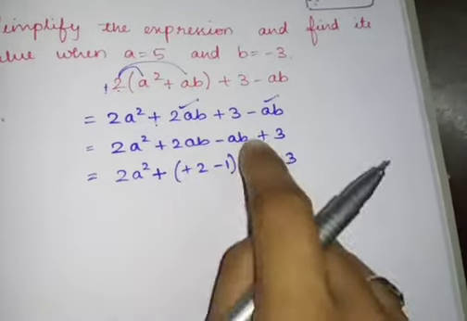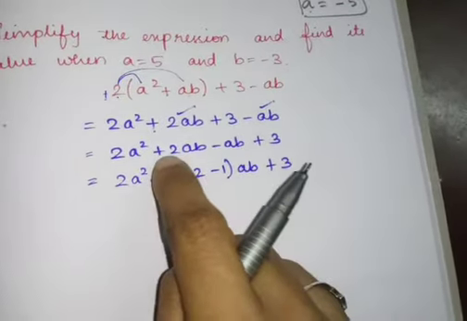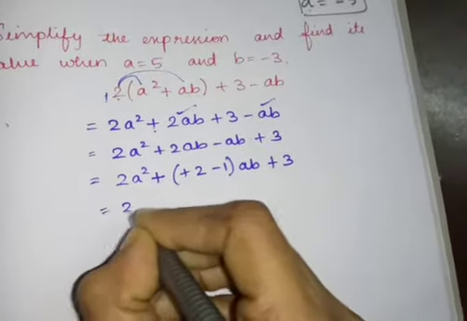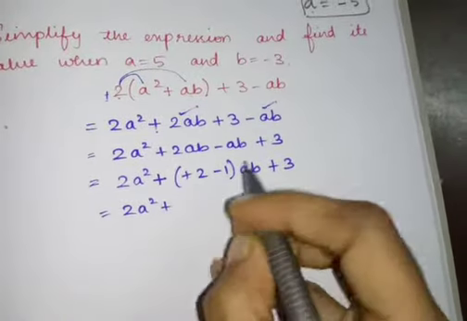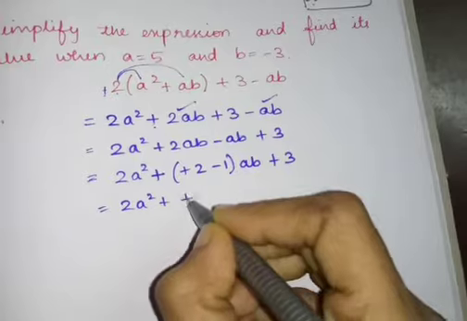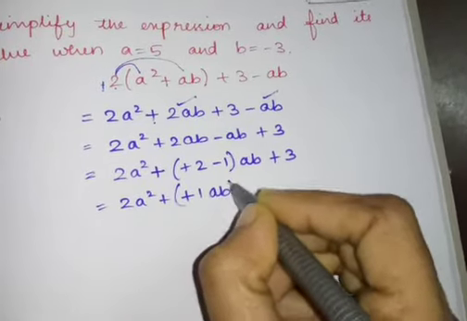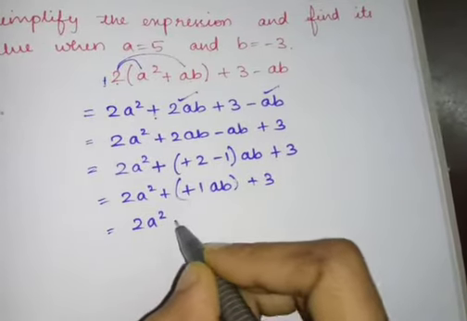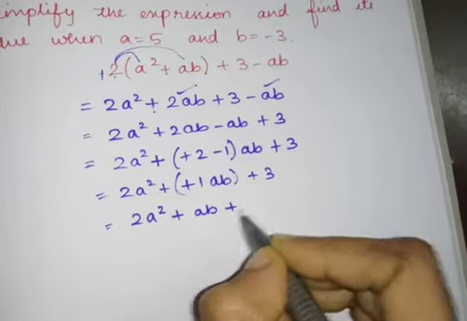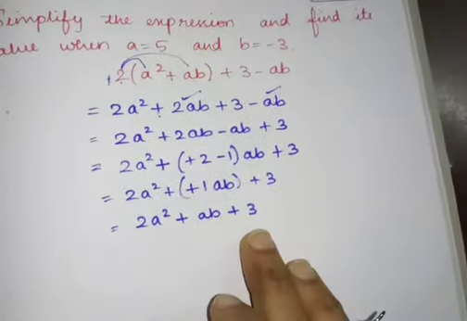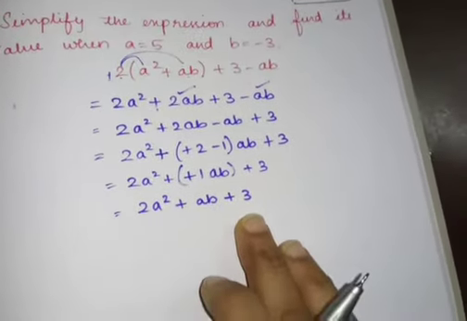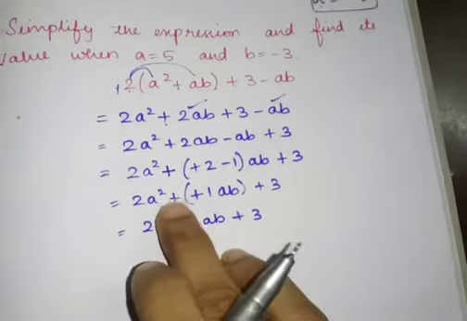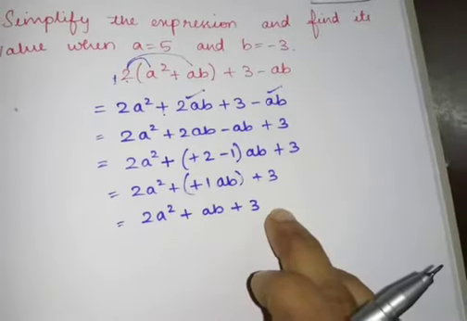Yes, because the common variable I have taken outside, plus 2 minus 1. 2a square plus, 2 minus 1 is nothing but plus 1 ab, plus 3. Now 2a square plus ab plus 3. Okay, this is the simplified expression.